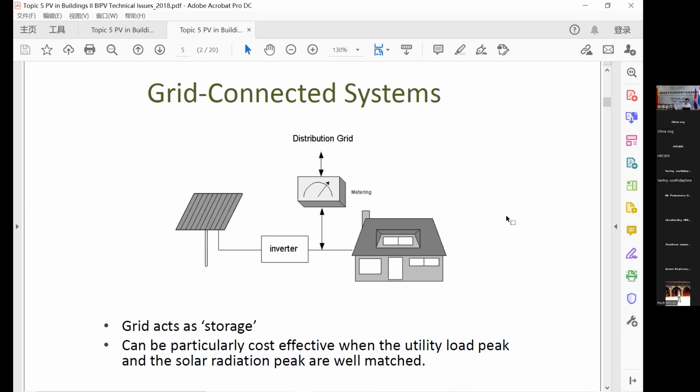One solution is the grid connect system. We will use the grid as a storage, and we will sell our solar power into the grid. But the grid has its own capacity. It cannot accept too many solar cells.